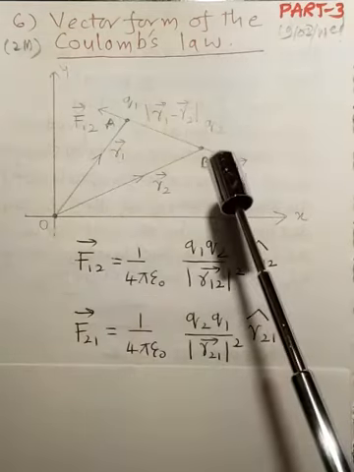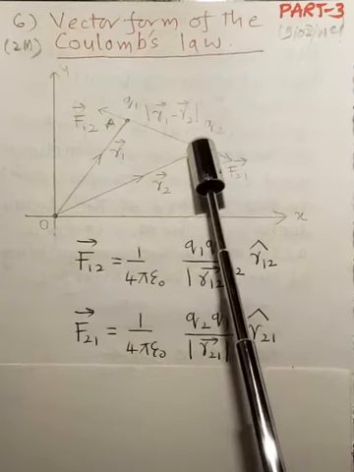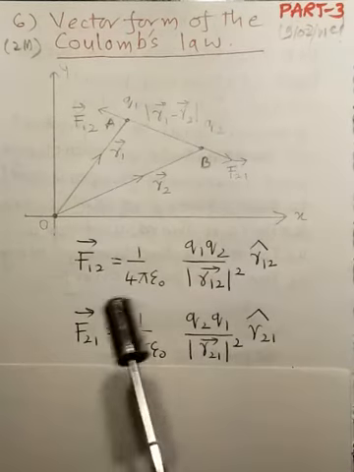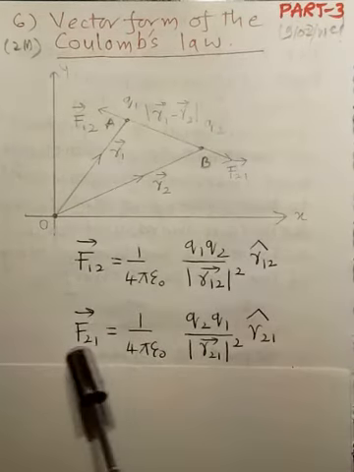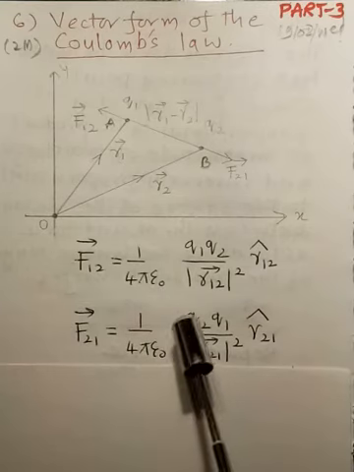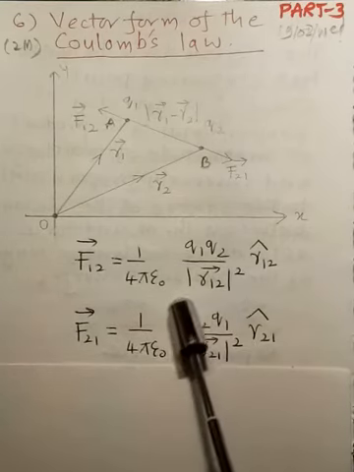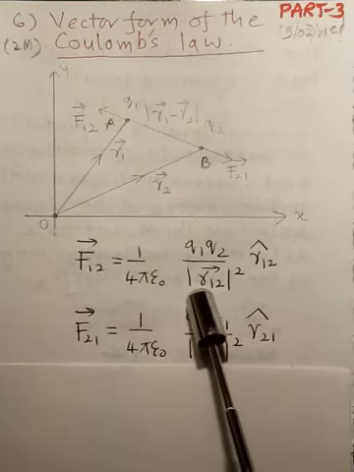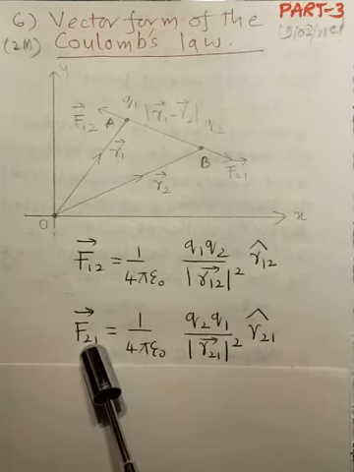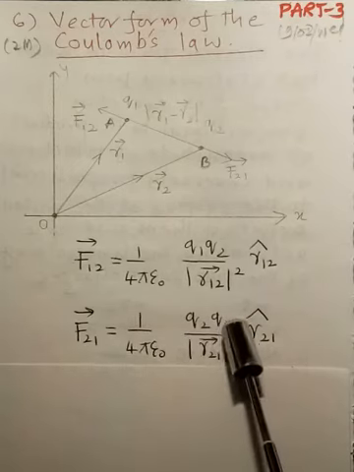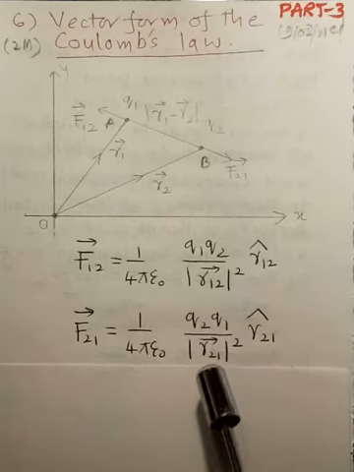Therefore, the direction of F21 is from A to B side, it moves away. Therefore, it is written as vector F21 equals 1 by 4 pi epsilon naught Q2 Q1. Even if you write Q1 Q2, it doesn't make any difference because it is the product of the magnitudes. I have written it just to remember, if it is F21, this also Q2 Q1 divided by the R21 vector. You have to take its magnitude and you have to square it.